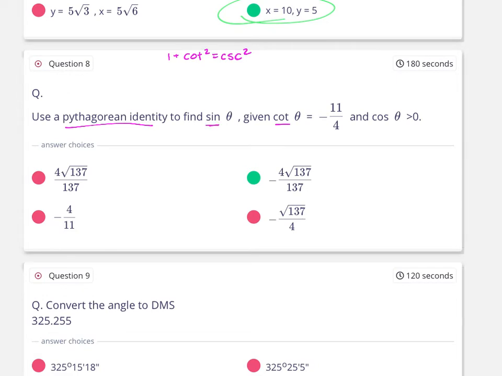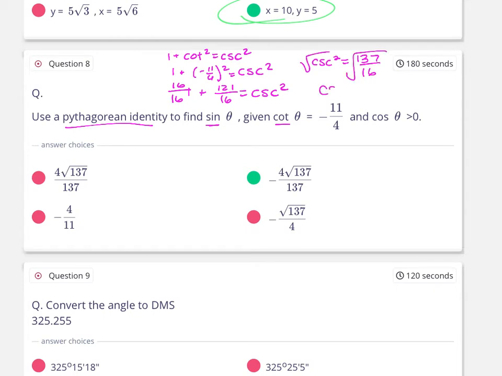So I get 1 plus negative 11 over 4 squared equals cosecant squared. 1 plus 121 over 16 equals cosecant squared. This would be 16 over 16, and I'd get cosecant squared equals 137 over 16. Square root both sides, cosecant is the square root of 137 over 4.